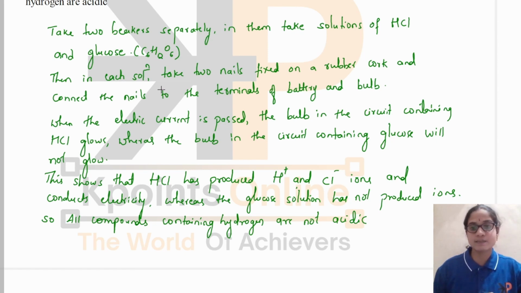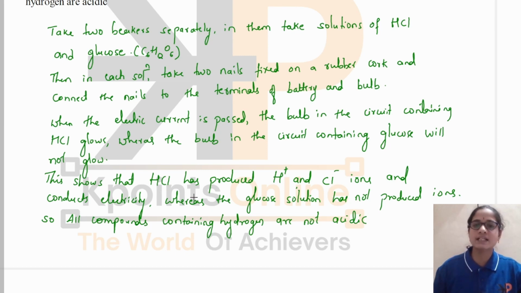When the electric current is passed, the bulb in the circuit containing HCl glows because the solution is conducting electricity due to the formation of ions, whereas the bulb in the circuit containing glucose will not glow because glucose has not formed any ions. So the circuit is not complete there and the bulb will not glow.